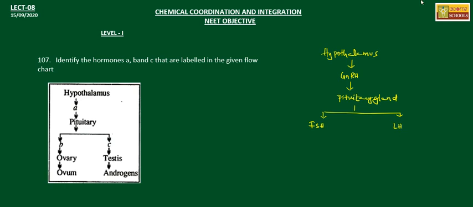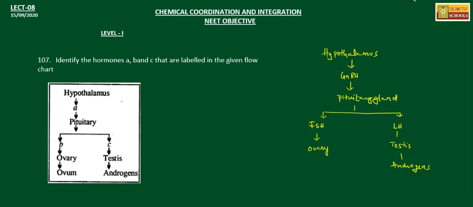This FSH will act on the ovary, which helps in ovulation, whereas LH will act on the Leydig cells of the testes, and that will help in the production of androgens. I already explained how FSH works in the case of males. Here I'm just referring to the picture.